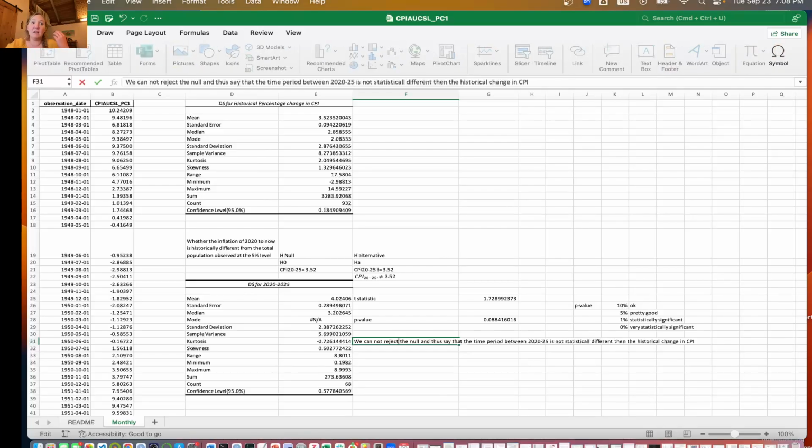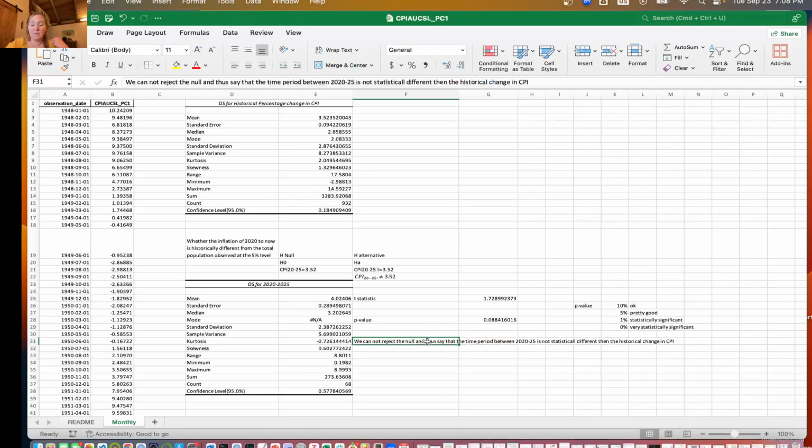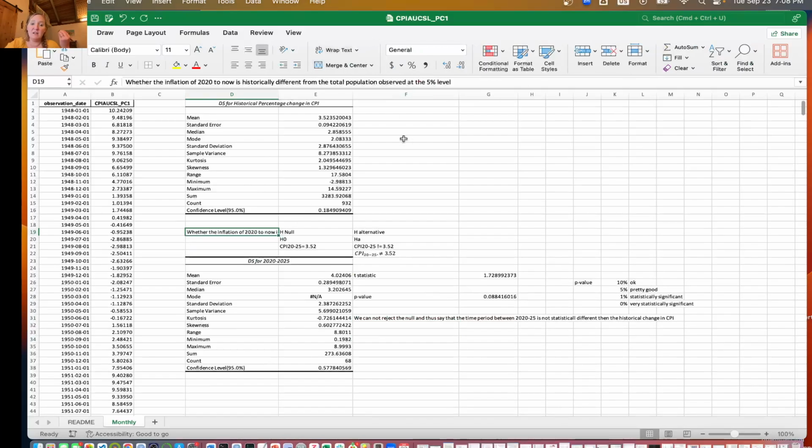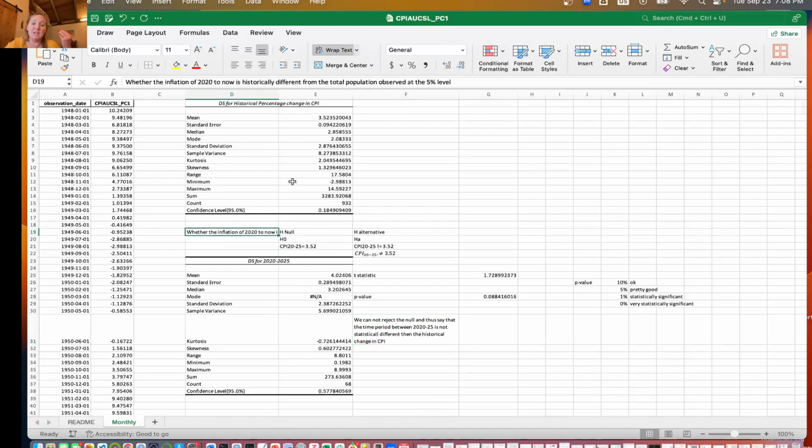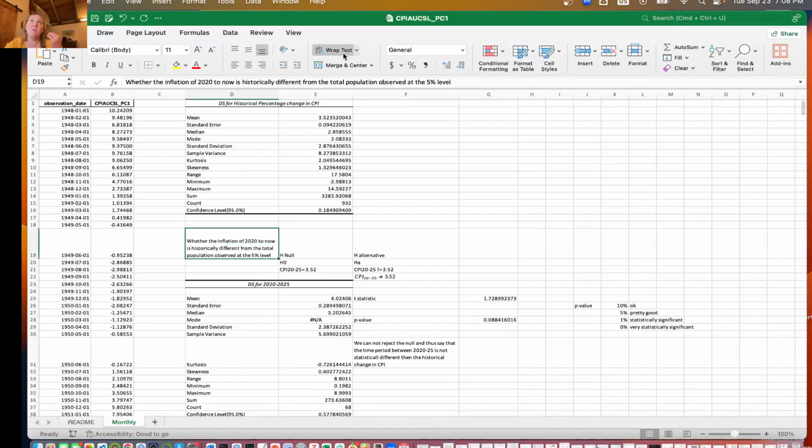We can't say that our original hypothesis, testing whether or not it's different, is supported. Our information does not suggest that it is. We can't say something statistically about the CPI change from the historical level.